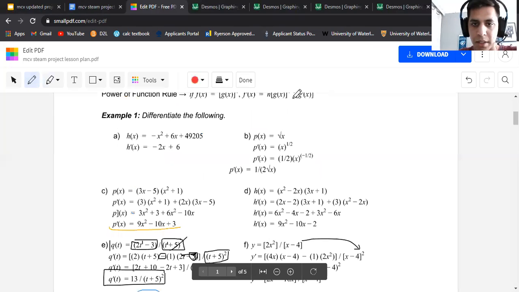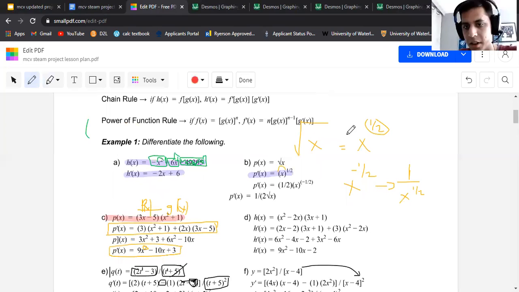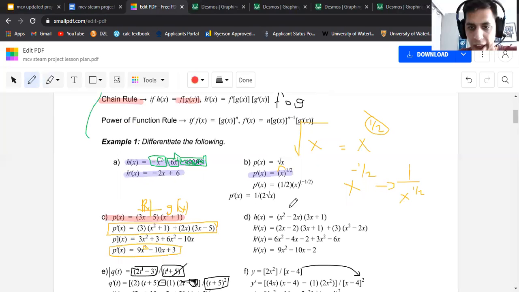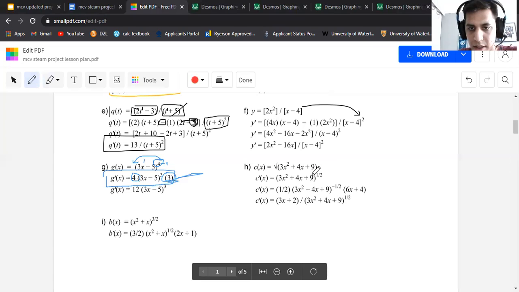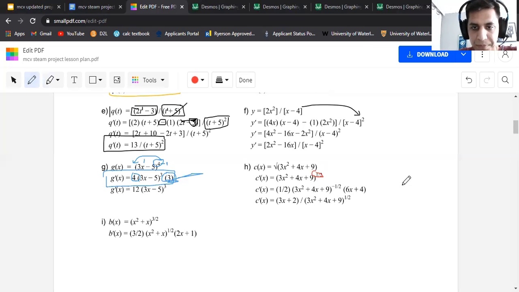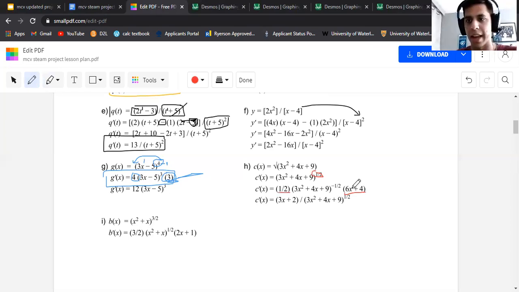So as we talked about up here, you change from square root to the 1/2, and then I applied the chain rule. And right here at this step, I got 6x plus 4 times 1/2. So sometimes you're not going to get numbers that look that pretty, where it's even numbers, so they split up perfectly into 3x plus 2. You might get 3.5x plus 2.5. Some cases it's better to leave it in its factored form, but in this case, it was just better to leave it like this. Perfect.